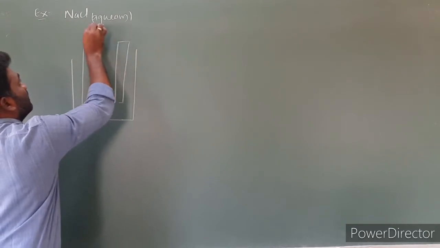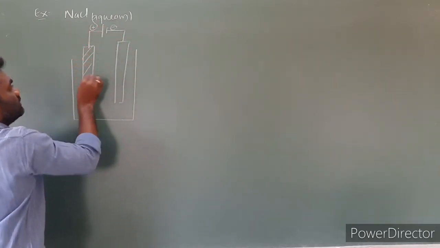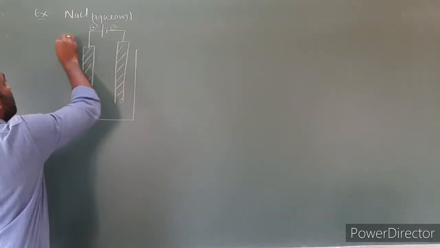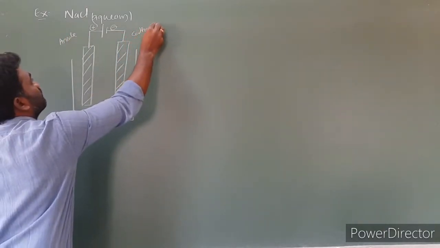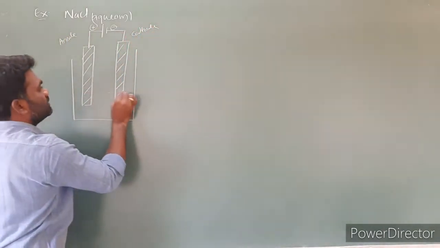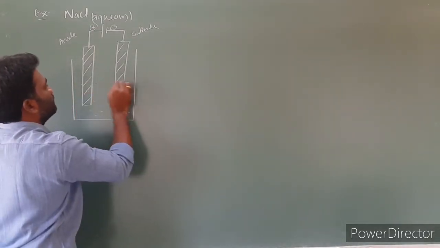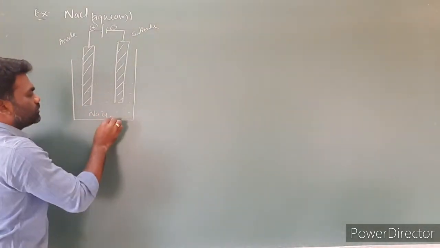One electrode is connected to the positive terminal of the battery, the other to the negative terminal. This is the anode and this is the cathode. So I am taking a sodium chloride solution, NaCl in aqueous state.